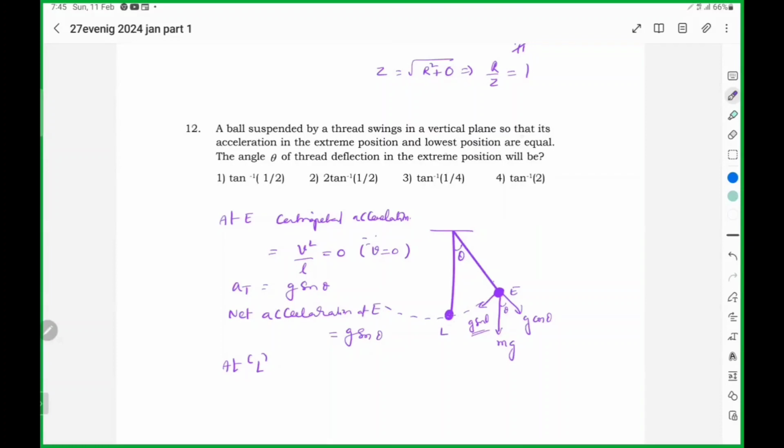What he told is, its acceleration in the extreme position and lowest position are equal. At L, what is the acceleration it has? mg, the only force acting on it.